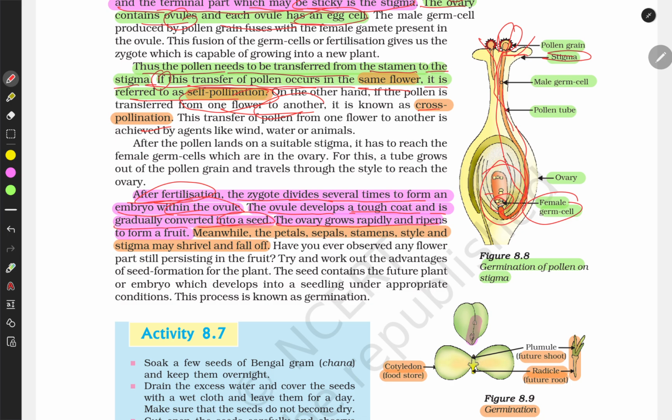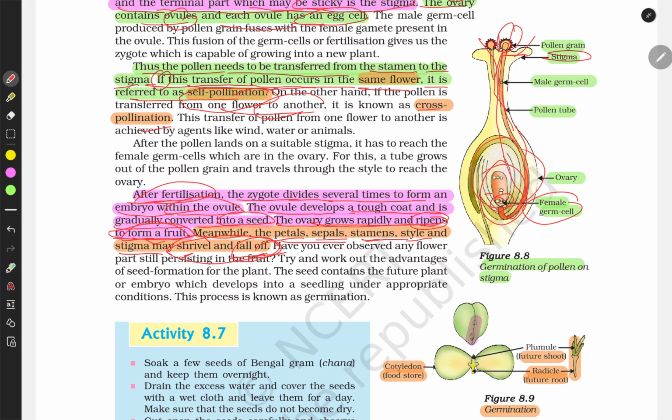The ovary grows rapidly and ripens to form a fruit. This ovary ultimately converts into the fruit. Meanwhile, the petals, sepals, stamen, style, and stigma may shrivel and fall off. They are of no use, so they fall off.